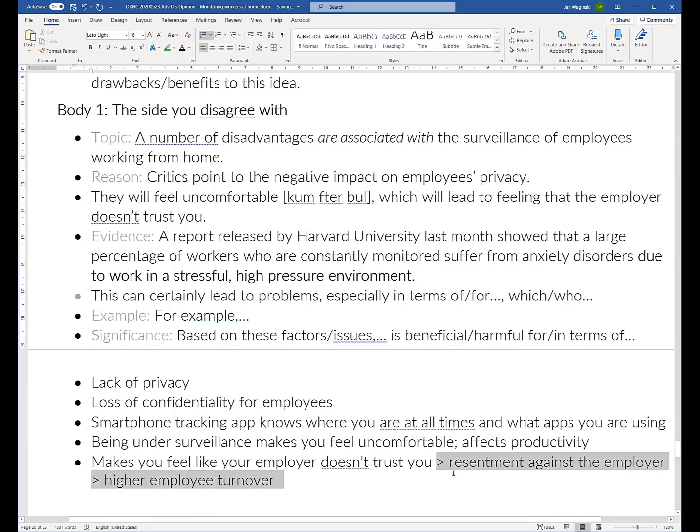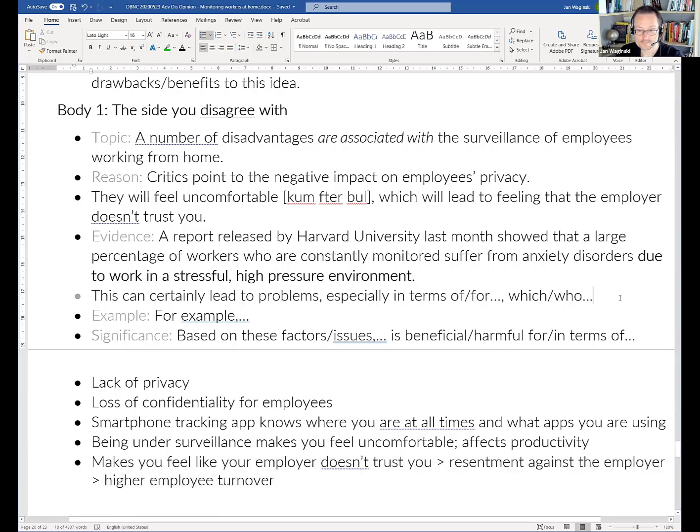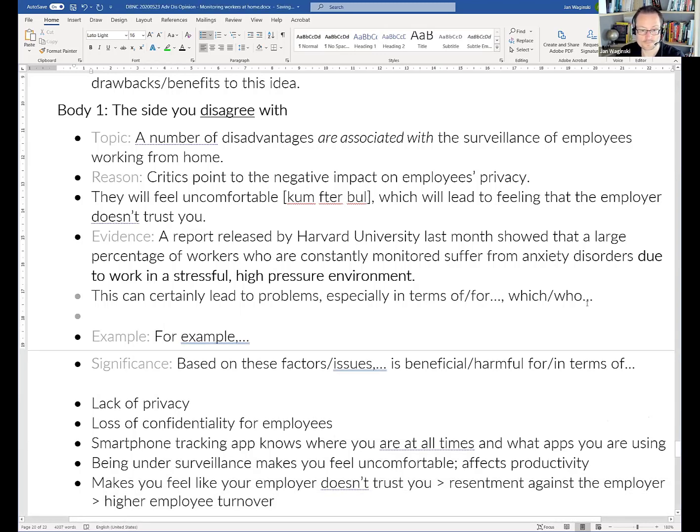This is the idea, right? Increasing employee turnover rates. Yeah, but we've got this whole idea here, right?